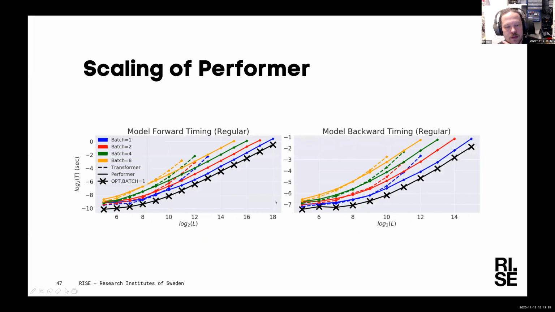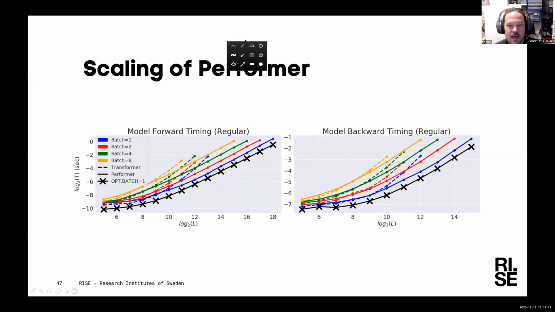One thing they do show is the computational time it takes for this model to do a forward propagation. On the x-axis here, we have the log2 of the length of the sequences.